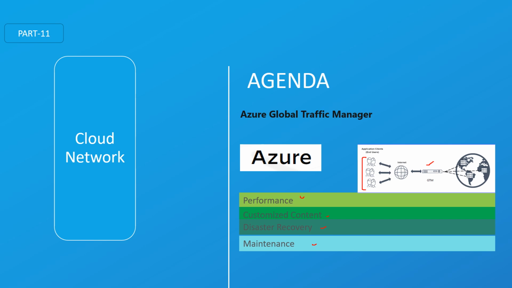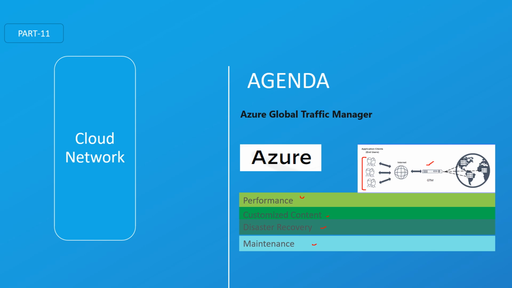resources. You might have a situation where you want to serve all these users some specific content, maybe based on the language, maybe based on the geography. And then you can have the disaster recovery mechanism as well.